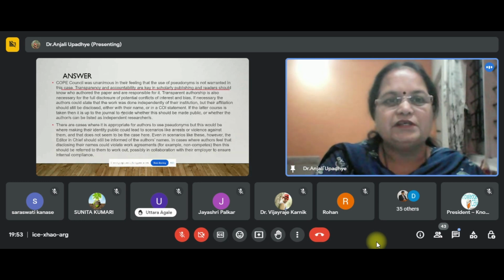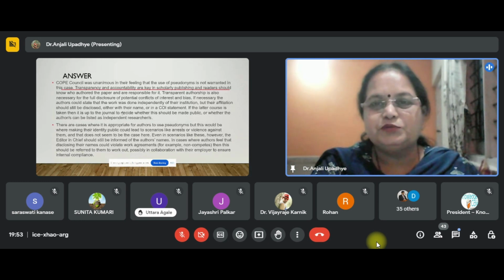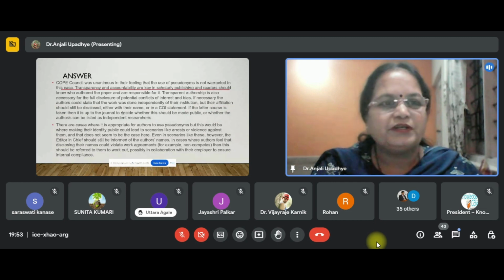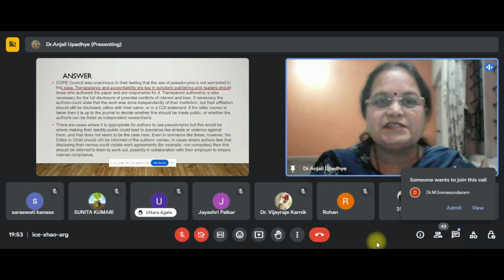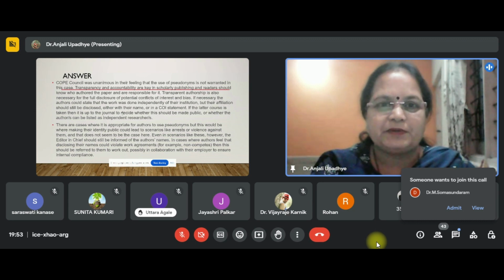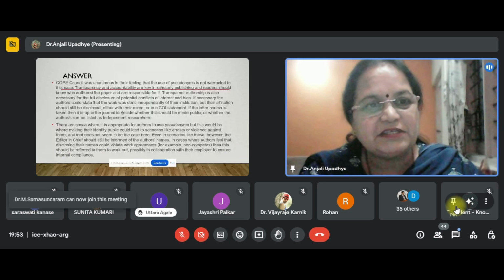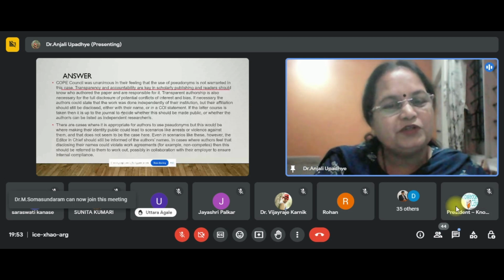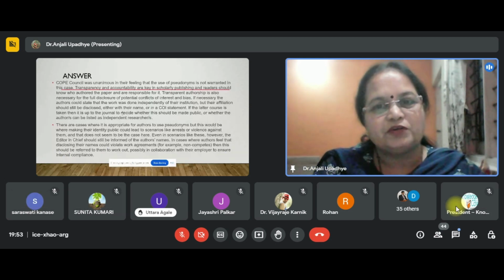The COPE Council was unanimous in feeling that the use of pseudonyms is not warranted in this case. Transparency and accountability are the core of scholarly publishing, and readers should know who authored the paper and who is responsible for it. Transparent authorship is also necessary for full disclosure of potential conflicts of interest or bias.